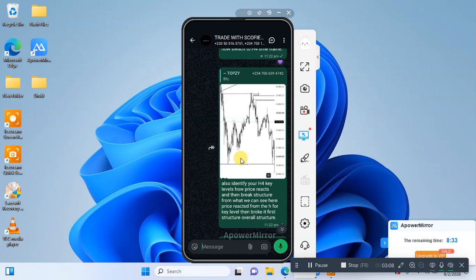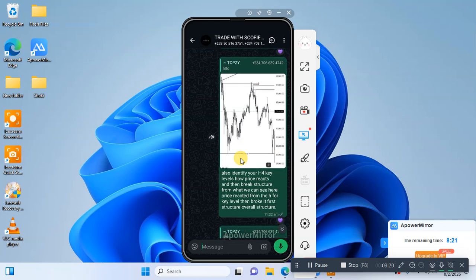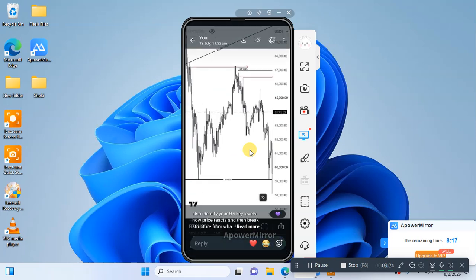The price reacted from the H4 key level, then broke its first overall structure. So if we expand it, we will see how price, after the weekly break, went up, reacted from the H4 key level and broke H4 structure.